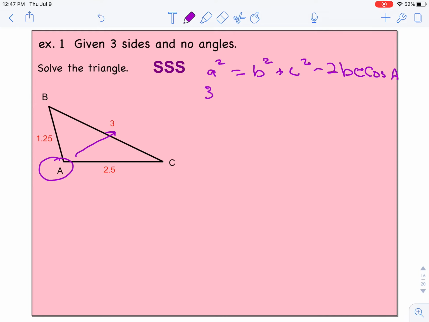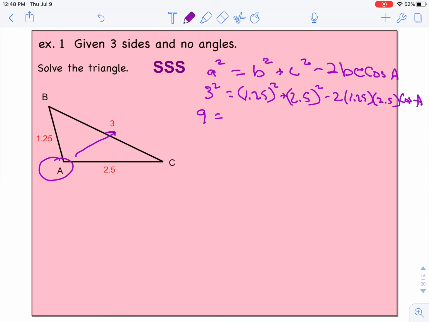So now I just plug everything in. So my A side is 3. So I do 3 squared equals 1.25 squared plus 2.5 squared minus 2 times 1.25 times 2.5 times the cosine of A. So now I am going to just start multiplying these together.